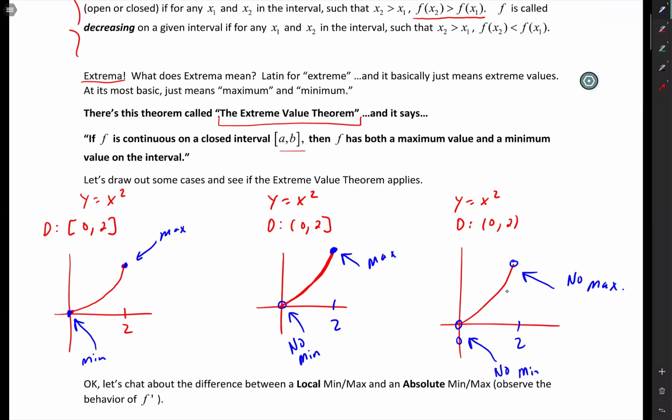Just because I do not have a closed interval does not mean that I have no max at all or no min at all. In this case, I don't have a min or max. But if you have something like this, I'm just going to make it up, guys. Let's do a semicircle. Semicircle, open endpoints. That's okay. If I have something like this, I do have a max, but you have no mins.